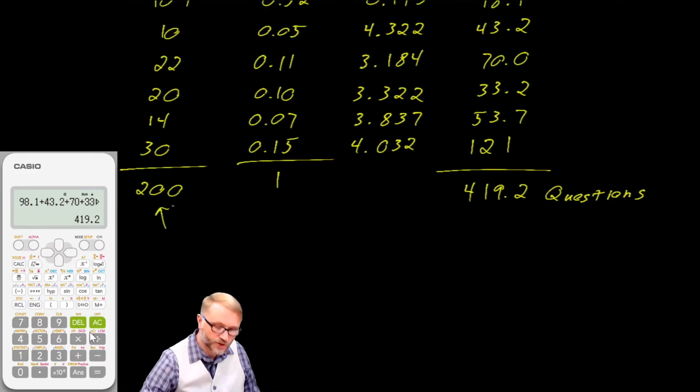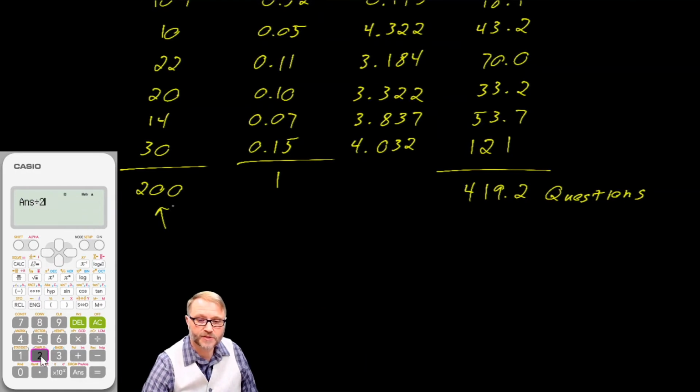Notice that there are 200 symbols, so we can just divide this number by 200, and that is the average number of questions that needed to be asked to solve this.